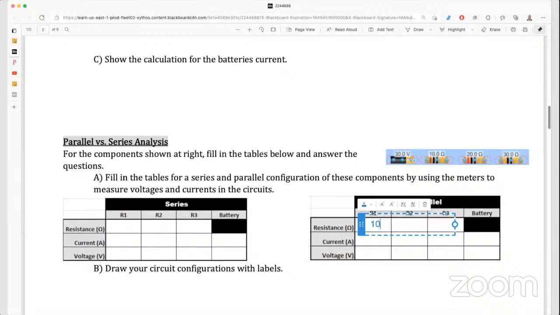So that's 10 ohms. And the R2 is 20 and R3 is 30.